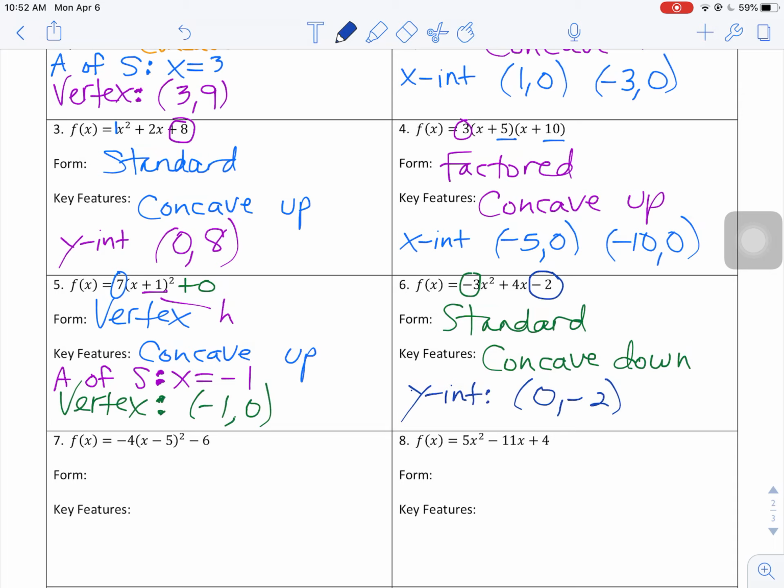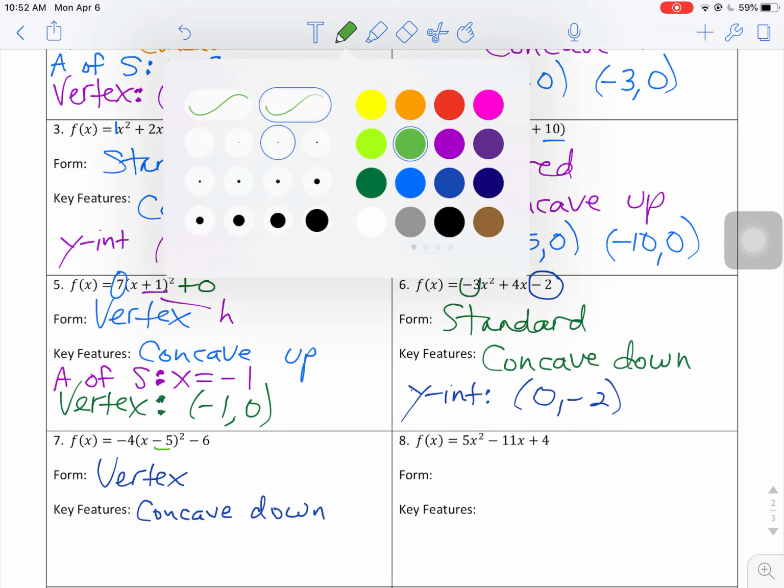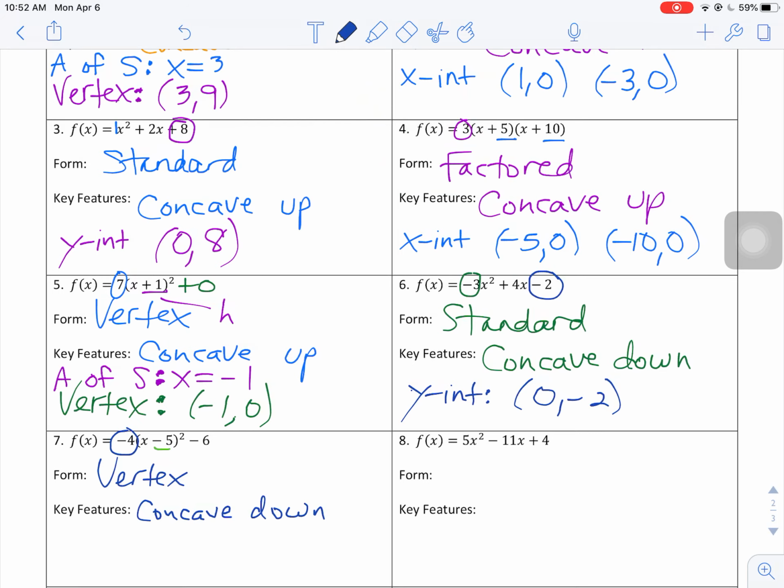For 7, vertex form. It's one set of parentheses being squared. Looking at our a value in the front, there's a -4 there. So this is concave down. Looking at my h value, it's the opposite of the number in the parentheses.